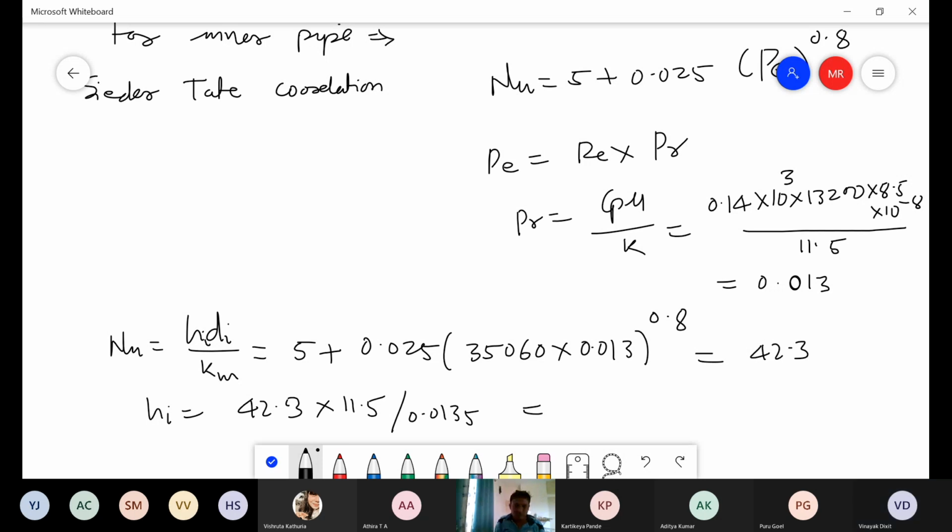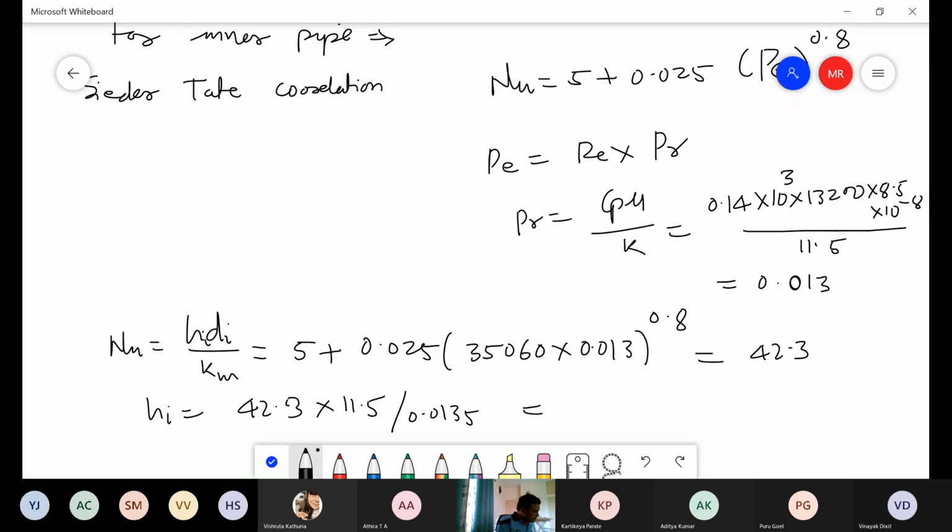Let me just check. 35060 into 0.013 raised to the power 0.8 into 0.025 plus 5. Let me check that I have used the expression correctly.